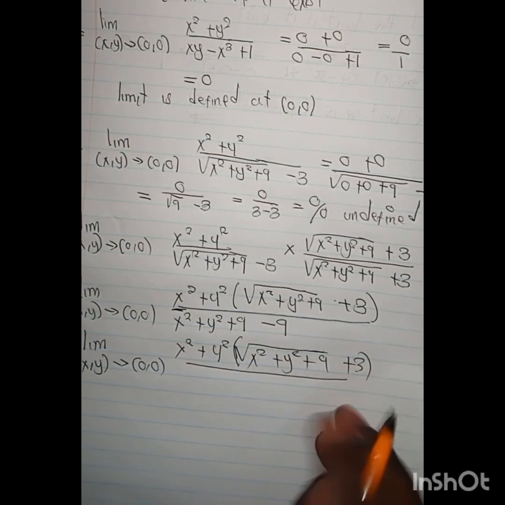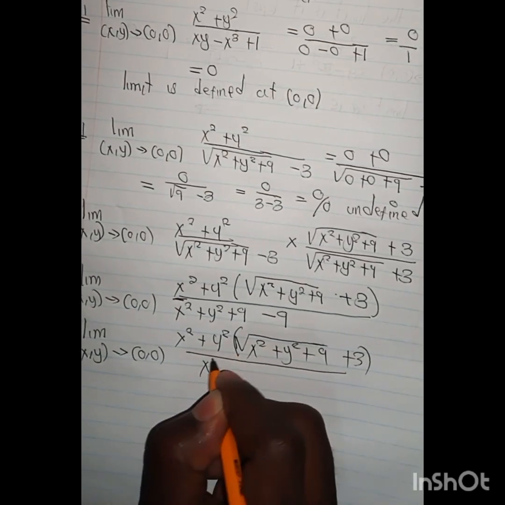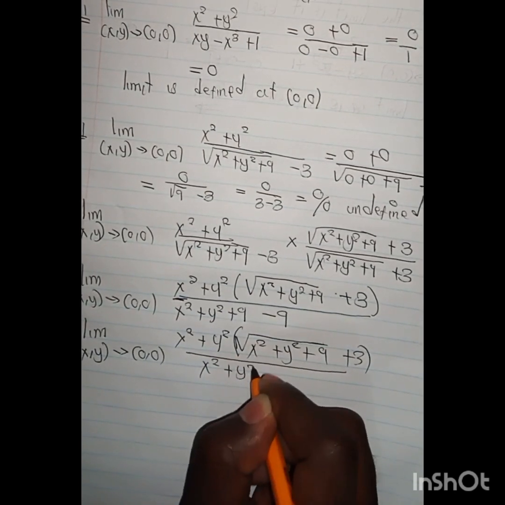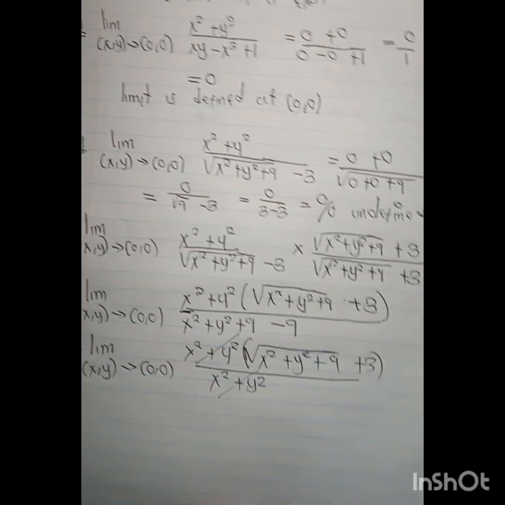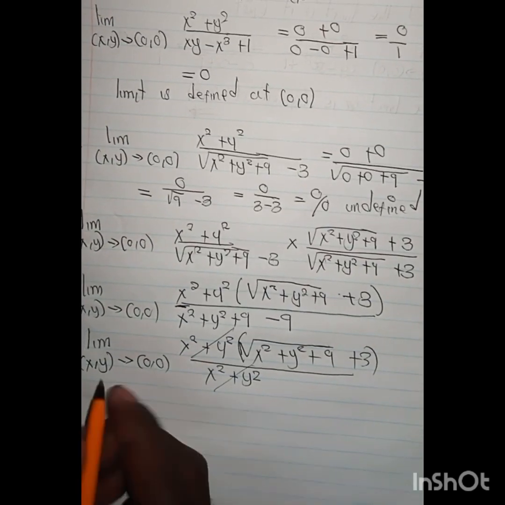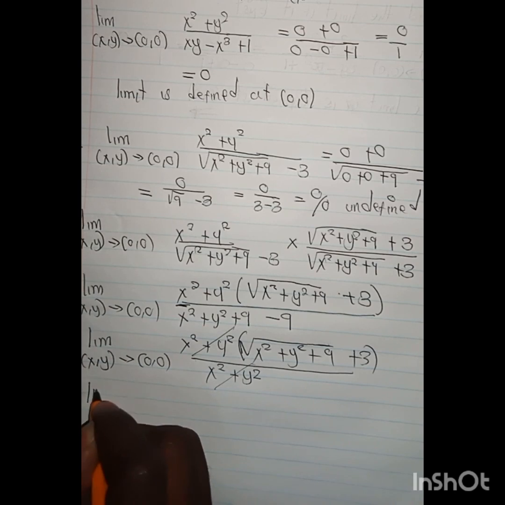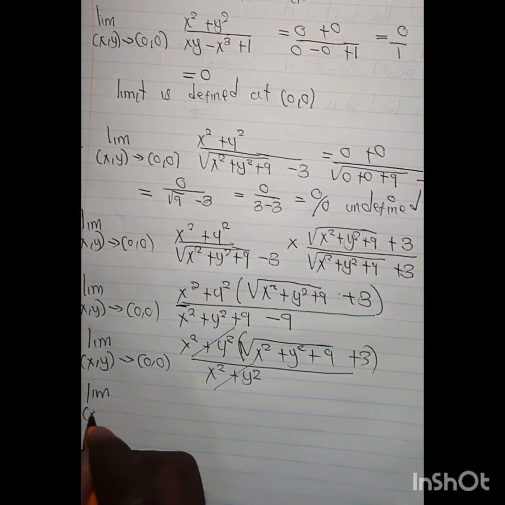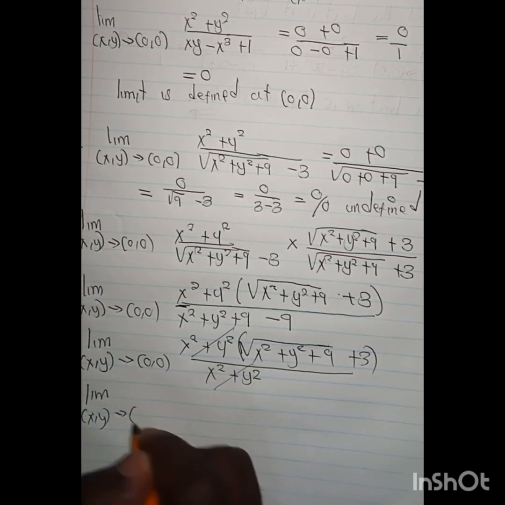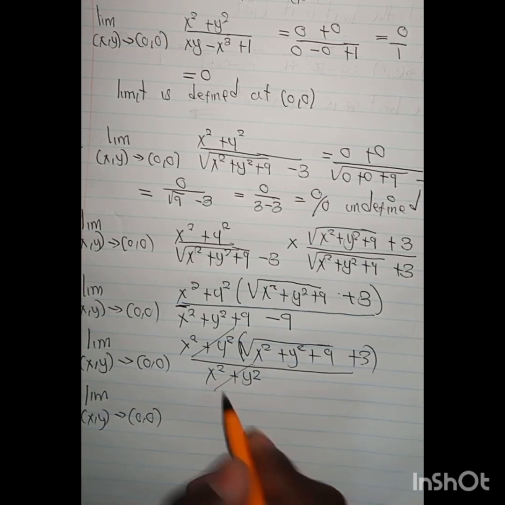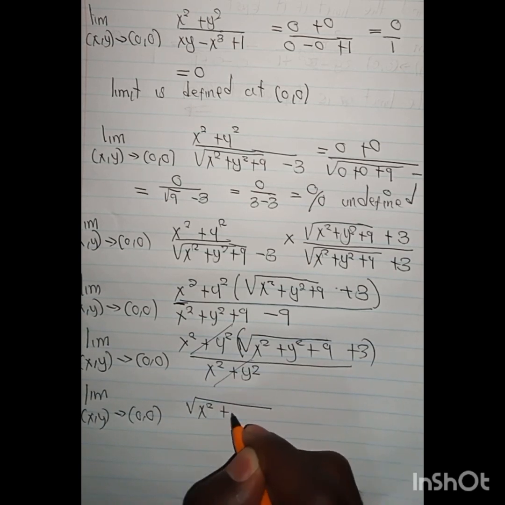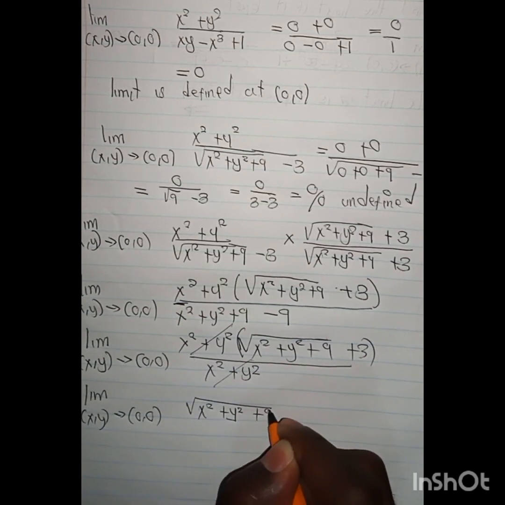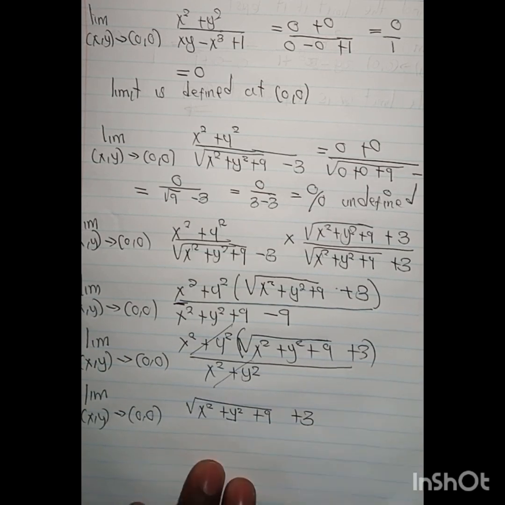So on the denominator, we are now left with x squared plus y squared. Then now when we check, x squared plus y squared will cancel x squared plus y squared. Therefore, we are now left with the following limit: xy approaches 0 and 0, now we have the square root of x squared plus y squared plus 9 plus 3.